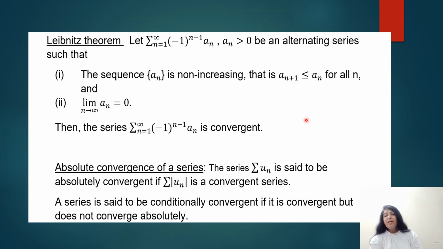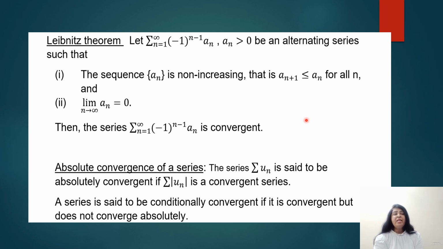Next you have the Leibniz theorem. What the Leibniz theorem says: let sigma n varies from 1 to infinity of minus 1 raised to power n minus 1 an, where an is positive, be an alternating series such that the sequence an is non-increasing, that is an plus 1 is less than or equal to an for all n.